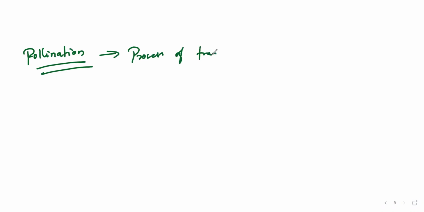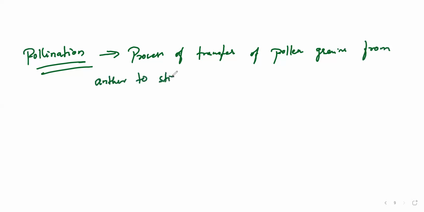Now, in order for fertilization to happen, it requires a process called pollination. What is pollination? In simple terms, it is the process of transfer of pollen grains from anther to stigma of the same or a different flower.